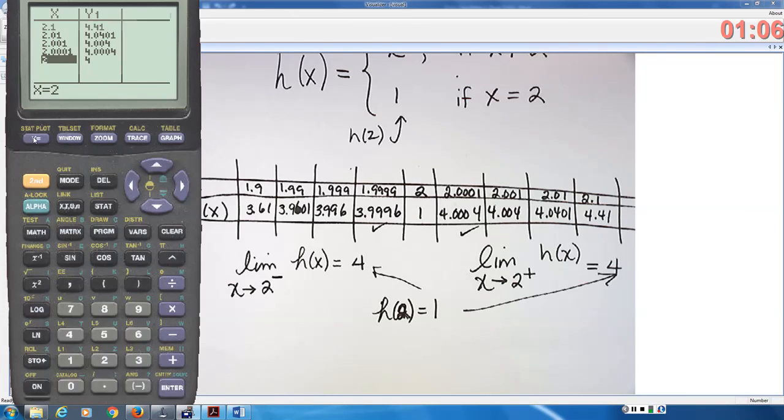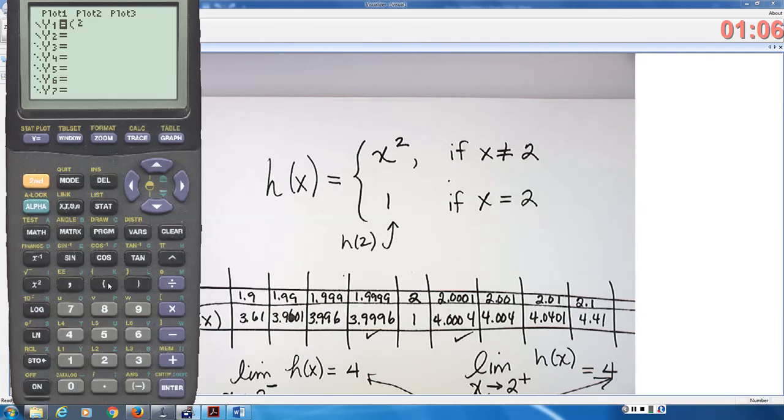Now, to the problem of how do I enter that function in as a piecewise, because that's the part I want you to know. First of all, you enter the first part of the rule, which is x squared. But you put the first part of the rule in parentheses. And then in parentheses after it, you enter in its restriction. And its restriction says x cannot equal 2.